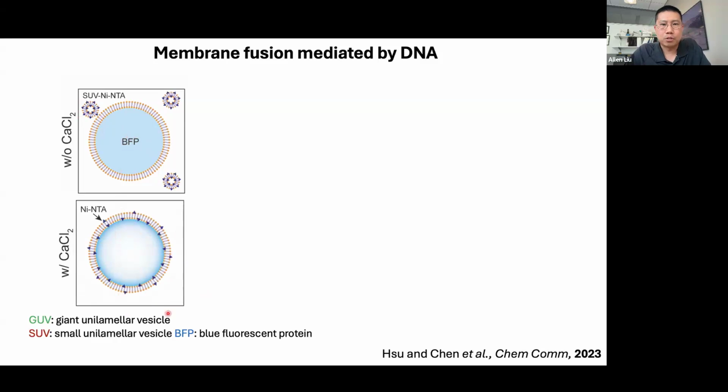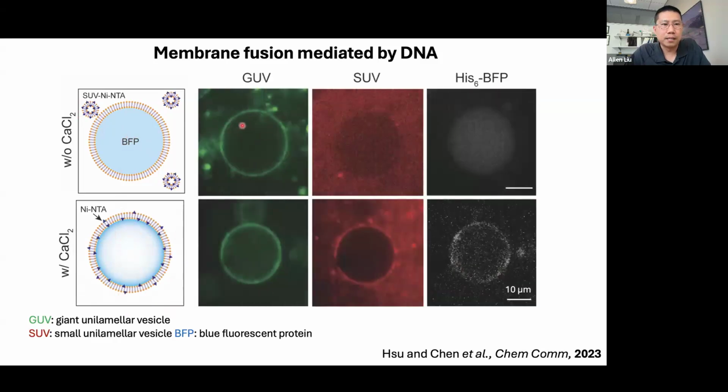In the absence of calcium chloride, we don't see any SUV bound, and our His-tag BAP remains completely luminal. If we incorporate calcium chloride, we can see the SUVs are now on the GV membrane. But more importantly, we do see the translocation of BAP signal to the membrane, suggesting that fusion happened, introducing the nickel NTA lipid to the GV membrane.